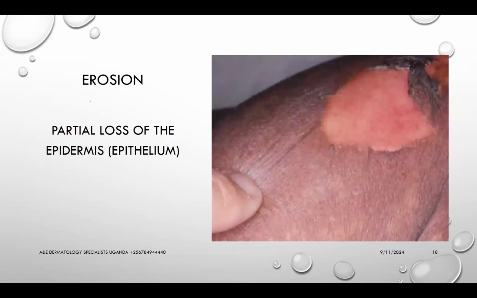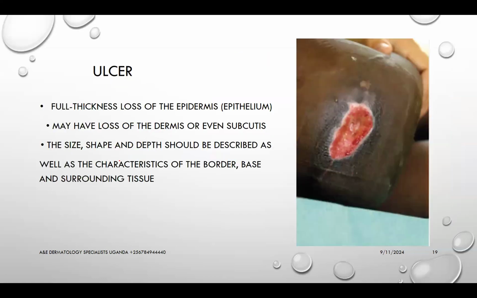Then erosion just simply means loss of the epidermis, and we see it in conditions like TEN, where you have a loss of the epidermis, or someone falls or gets an accident, and then they get this erosion. So when you lose an epidermis, the upper part of your skin, we call that an erosion. But then an ulcer is deeper than the erosion, so you lose even part of the dermis or even the subcutaneous tissue.